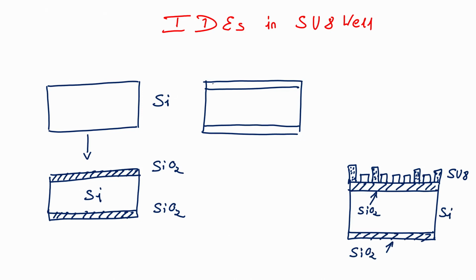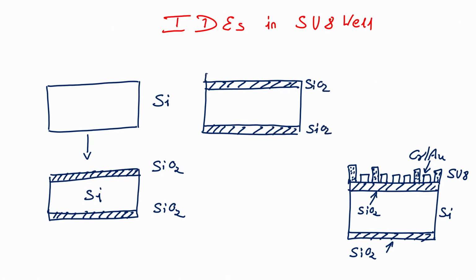So, now we have oxidized silicon wafer, this interdigitated electrodes, these are interdigitated electrodes. These IDEs are made out of what? IDEs are made out of metal. So, we can say chrome gold, chrome gold. So, on the silicon dioxide, what we will deposit?